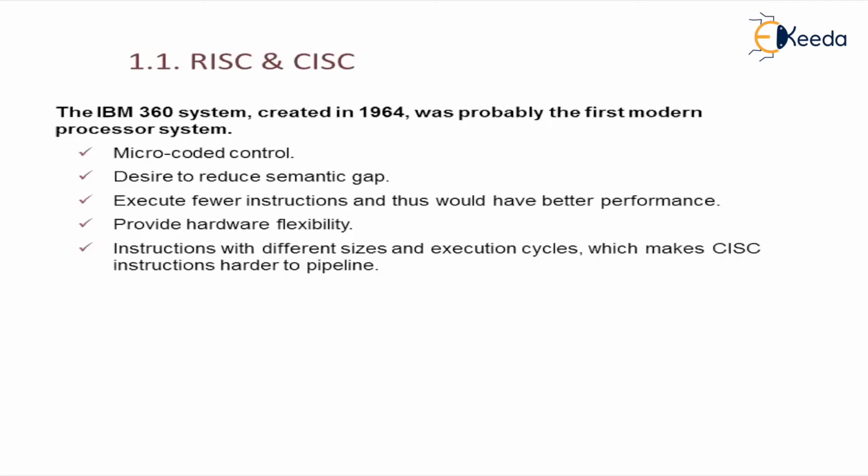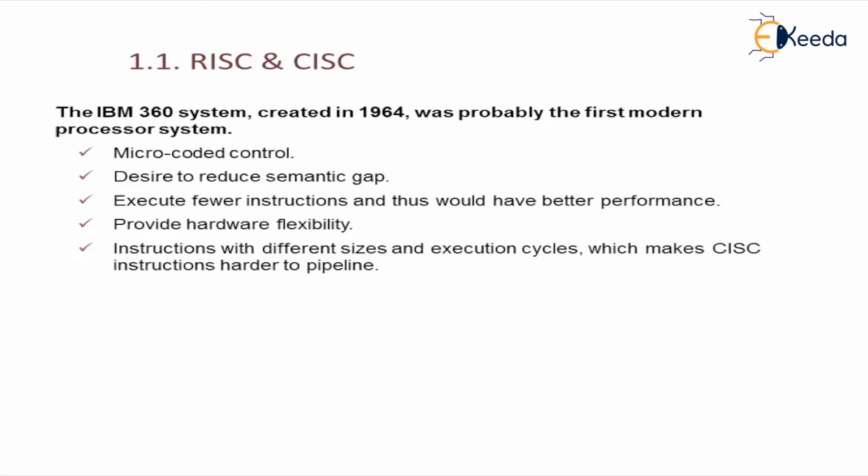This was developed by IBM. Now, what was the advantage of creating RISC? RISC is the reduced instruction set computer, and CISC is called complex instruction set computer. So one is called reduced, one is called complex.